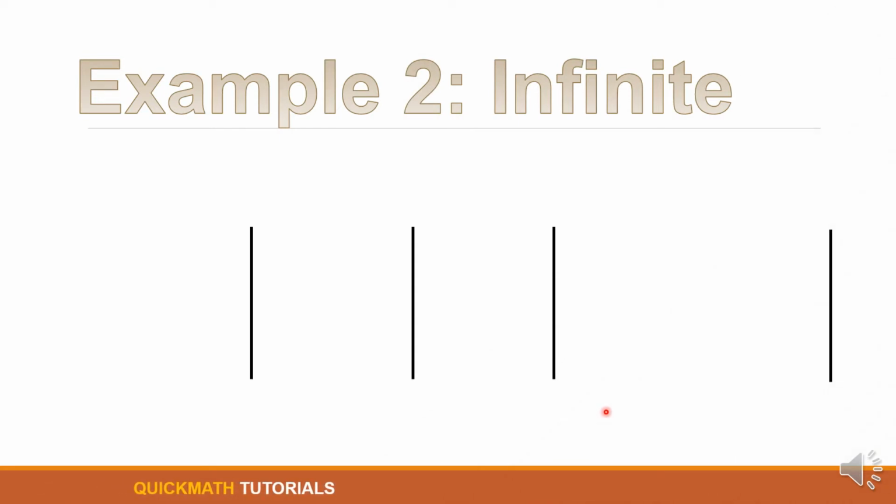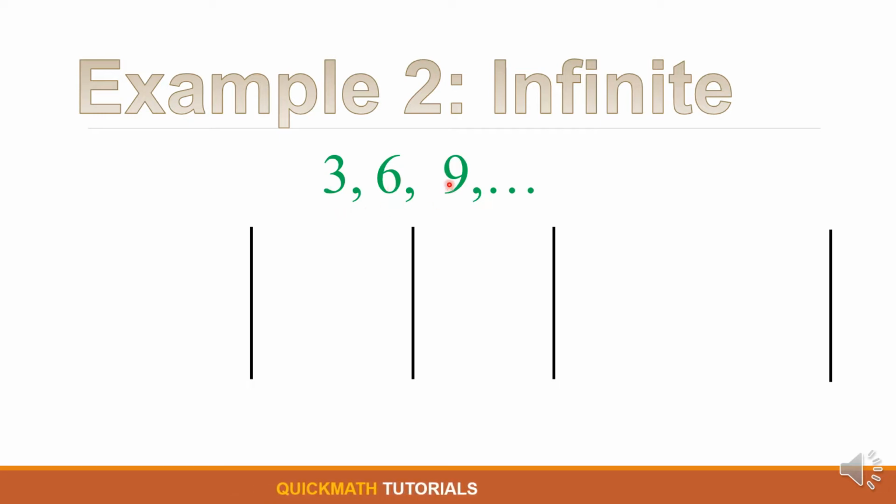For our second example, we have an infinite sequence. We have 3, 6, 9, and here the 3 dots, which is what we call an ellipsis, meaning it reads as "and so on" or "to be continued." So we have 3, 6, 9, and so on.